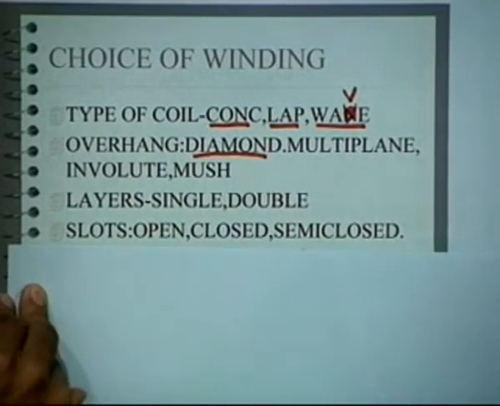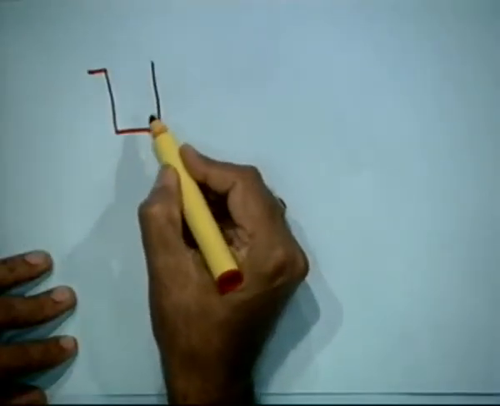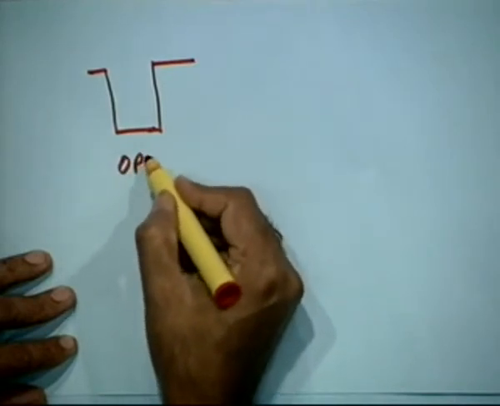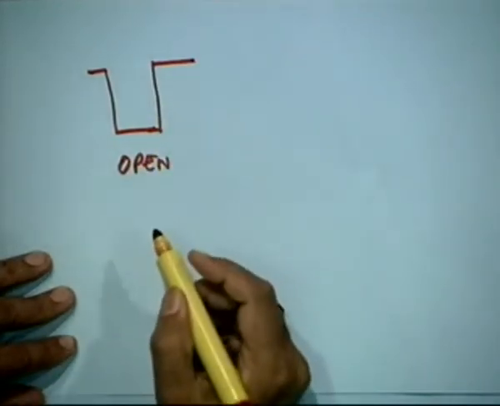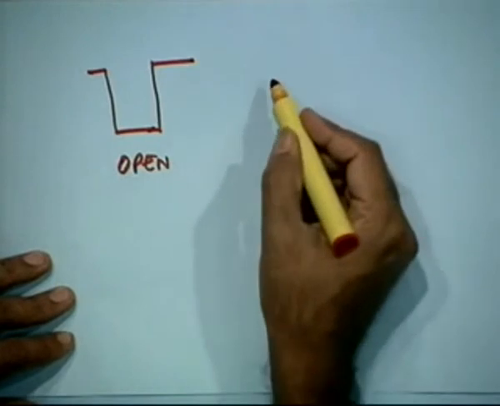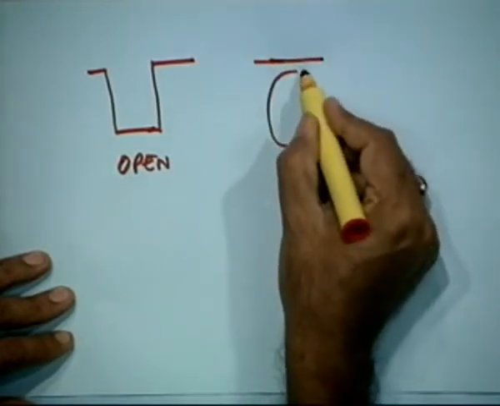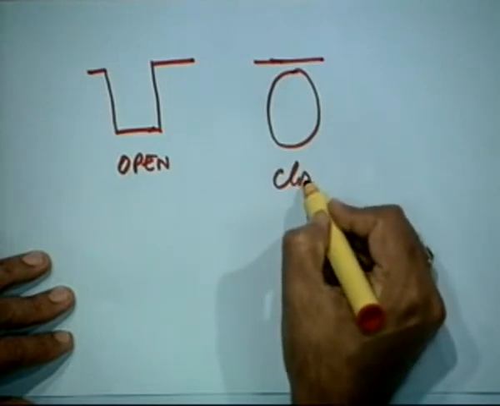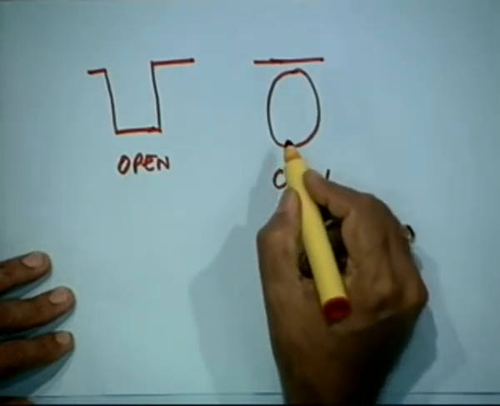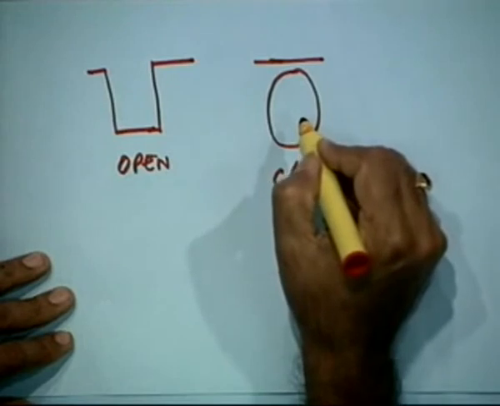So, it will be something like this. This is called an open slot. Any slot is an open slot. Then you can have a closed slot. This is a closed slot. You can just drive something from the sides.